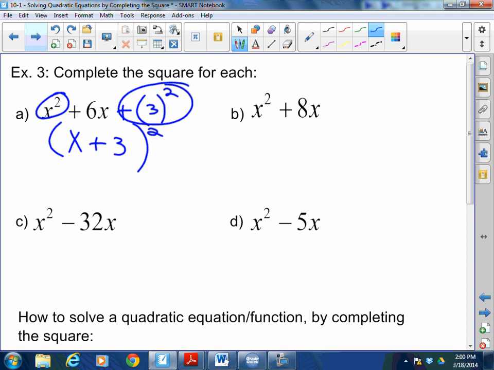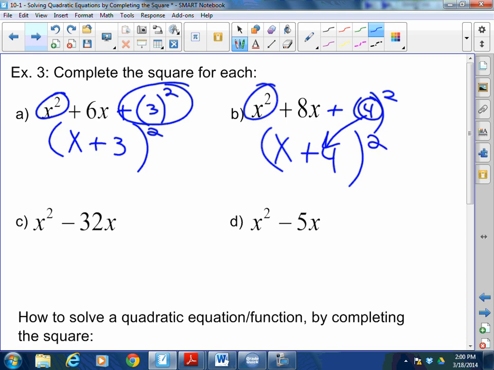Do you see that? Okay. For this one, what's my b over 2 squared here? 4 squared. Very good. So this is really simple. I want to factor it. So square root of the first and the inside part here, that's a positive. So plus 4 squared. Done.